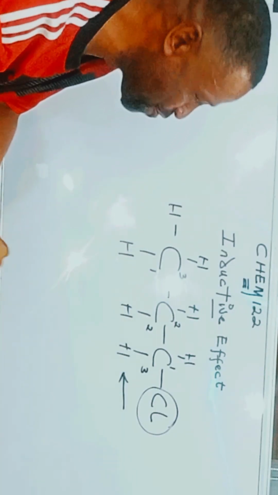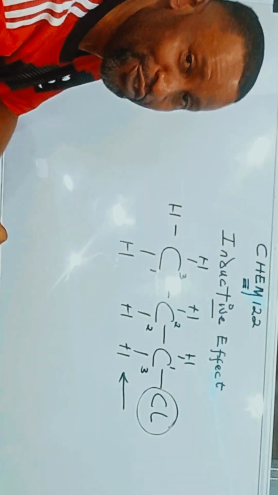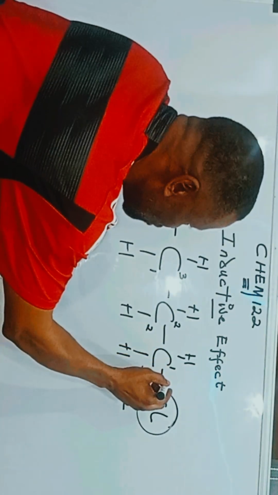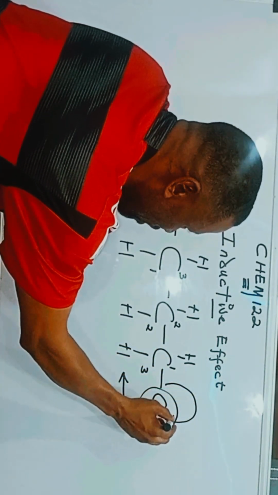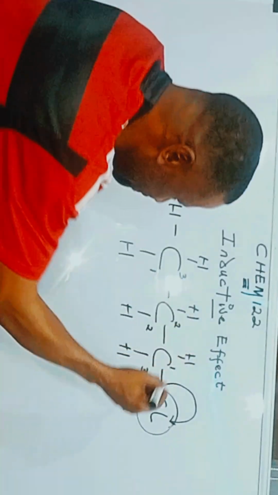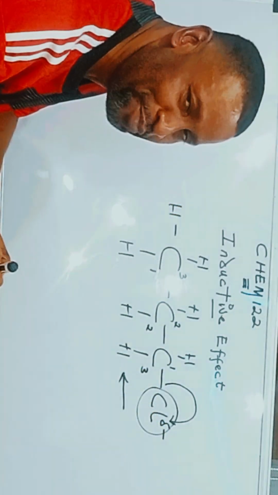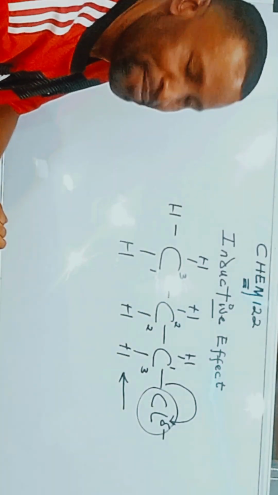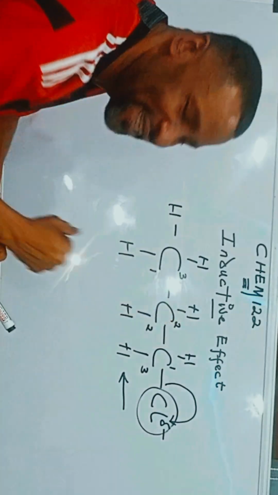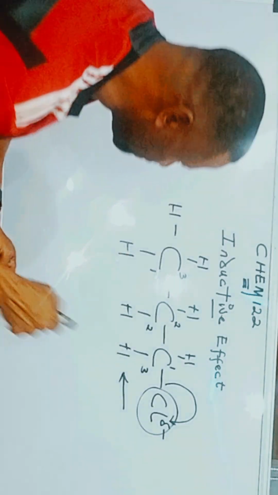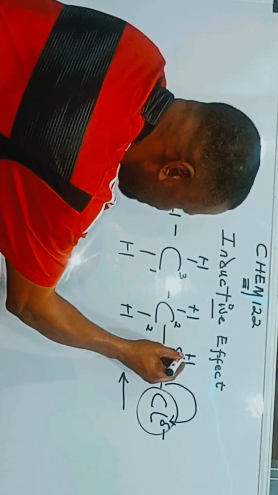The chemistry language, organic chemistry, Chem 122 second semester, is saying that this chlorine will shift the electron density towards itself to develop a partial negative character. When you gain an electron, you become negative. Because you don't have an outright gain of that electron, you develop a partial negative character, leaving this carbon here with a partial positive character.